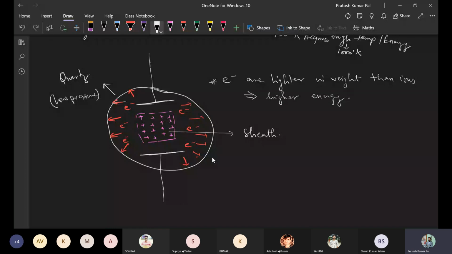This accumulation of ions is considered as the sheath. This accumulation is called the sheath. Okay, so the ion accumulation will be as it is heavier, so it will be accumulated in between the plates.